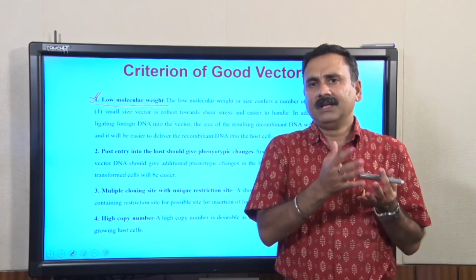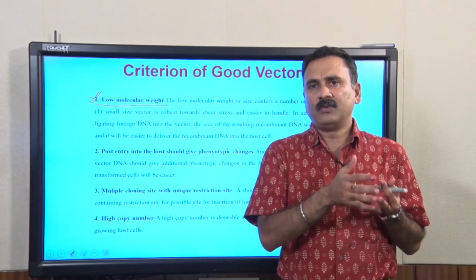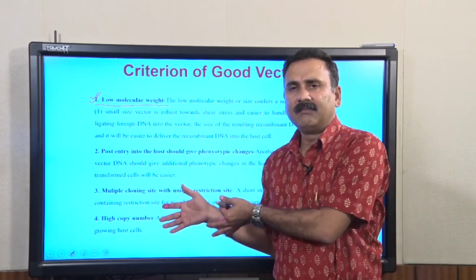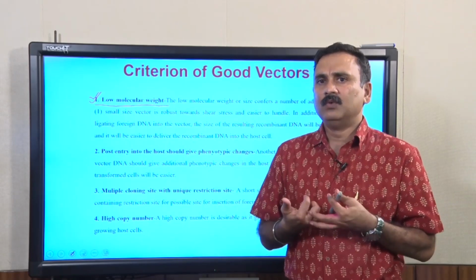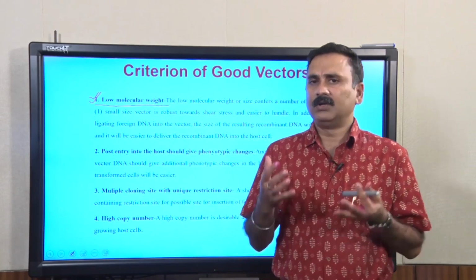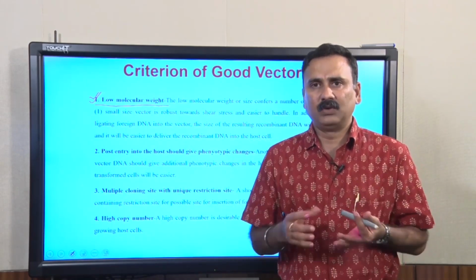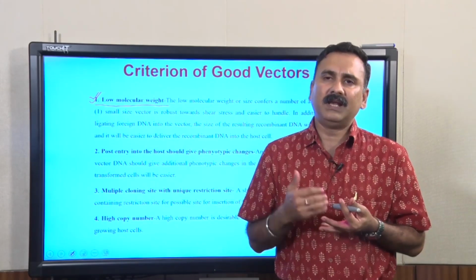Suppose you would like to carry goods from your home to another place. For that you are looking for a carrier which is of low weight, very light, so that you can fill in as much material as you want.